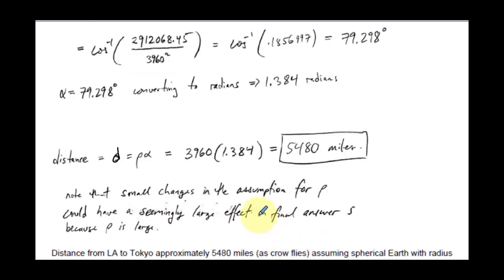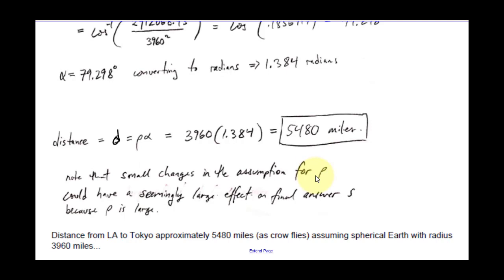Now, we can get little changes of several miles just depending on how accurate a value we choose for rho and how accurately we measure this angle. That could have a pretty big effect on our answer. But we're going to estimate about 5,480 miles. That is the straight line as the crow flies, assuming a spherical Earth and assuming a radius of 3,960 miles everywhere.